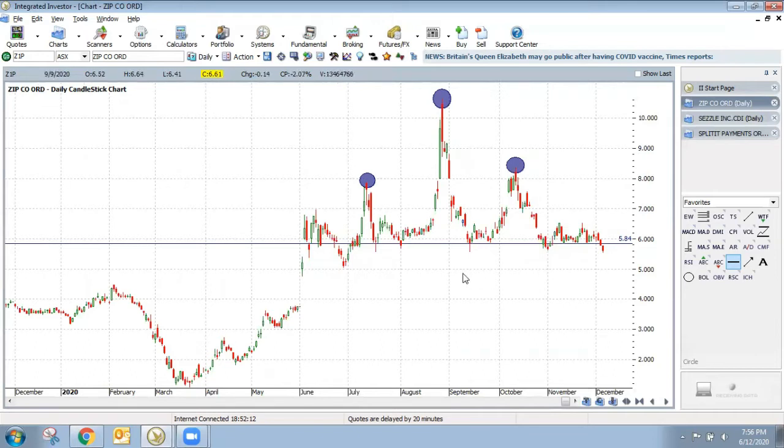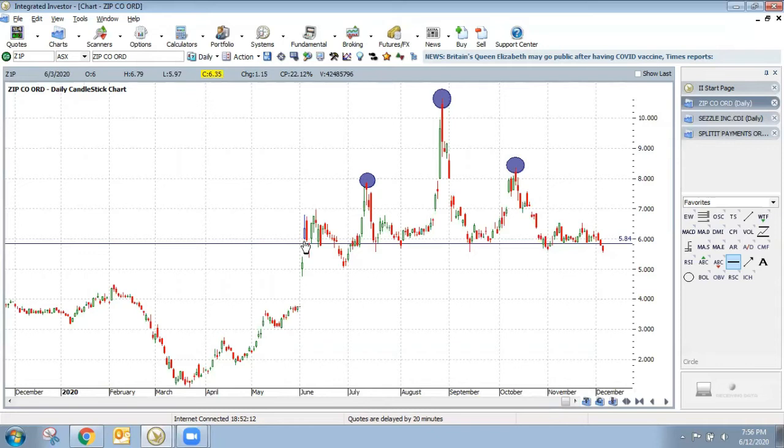Now, is 5.84 where the neckline should be? That could be judged differently by different technical analysts. You might also think it may actually be about the $6 mark, in terms of where this went up to, and that could be the real support level, based on where it opened on the 3rd of June.